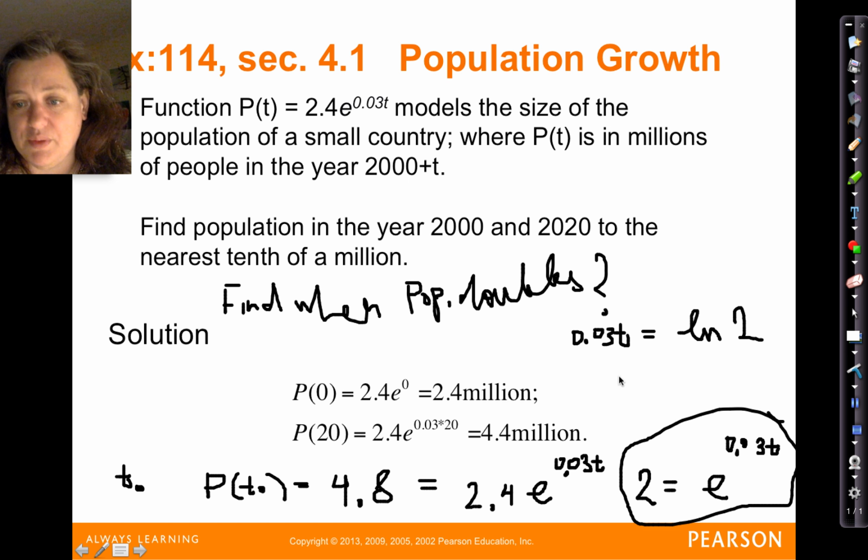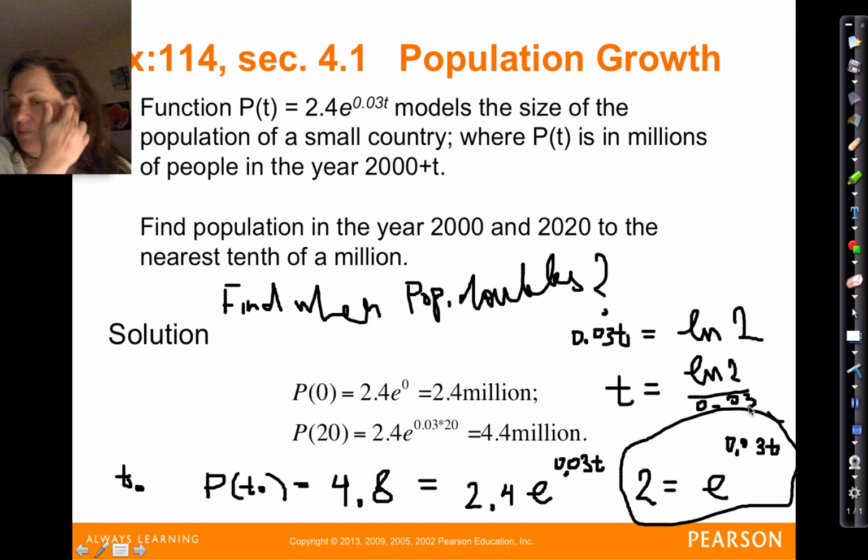And so the time is going to be ln of 2 divided by 0.03. And if your calculator is malfunctioning, this is an acceptable answer. But if it's not, well, you should be computing it. So what is ln of 2?